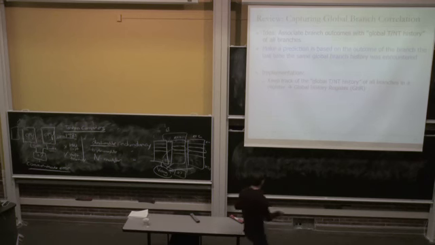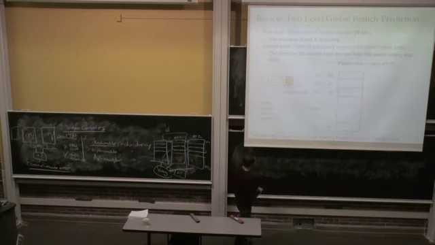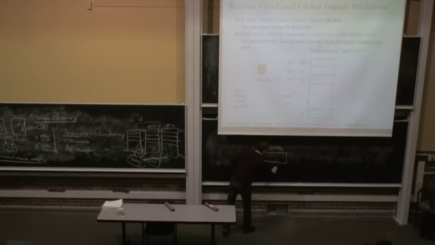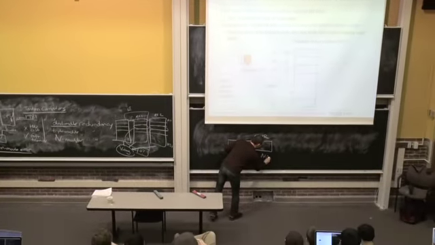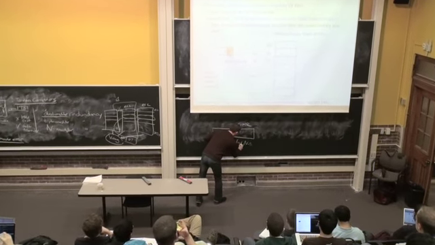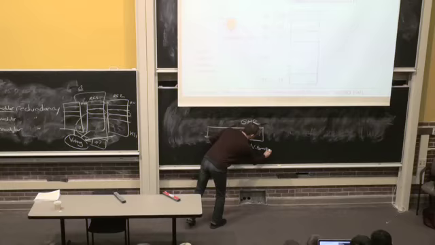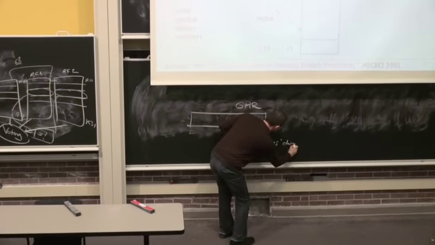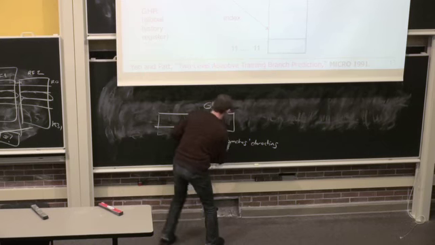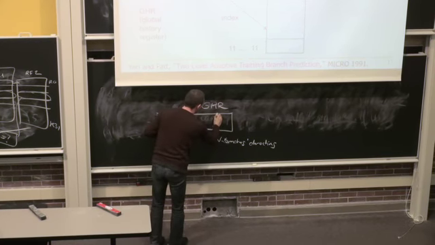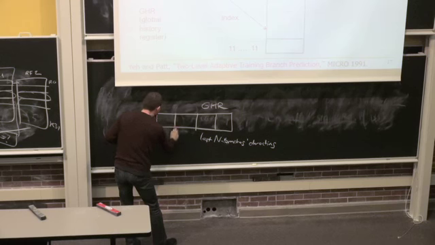So how do you do this? Basically, you have a register called a global history register. All it records is the directions of the last n branches. Let's say you have a 4-bit global history register.